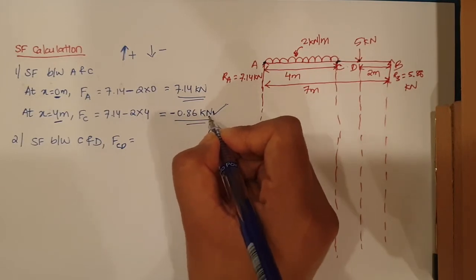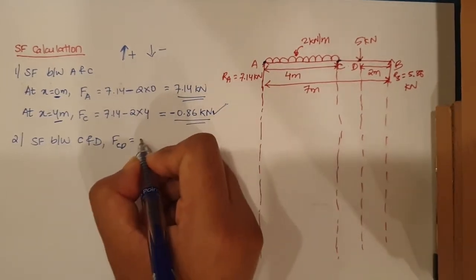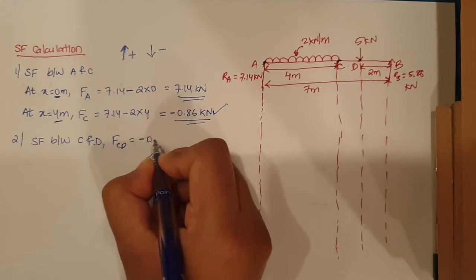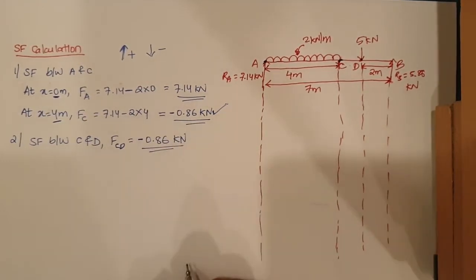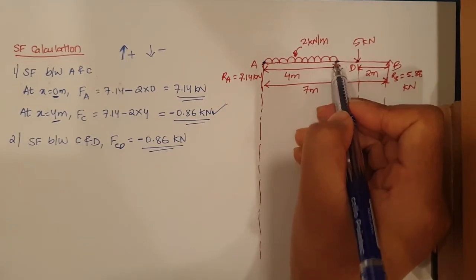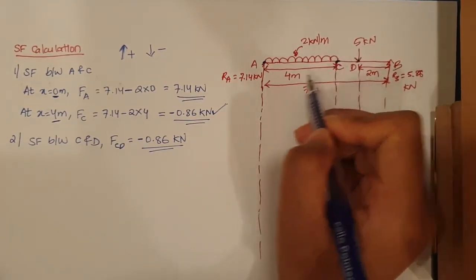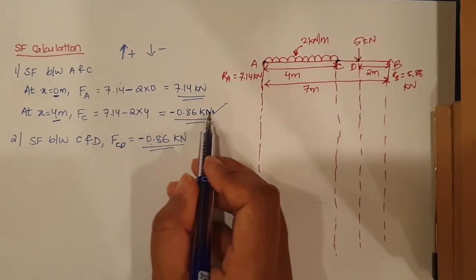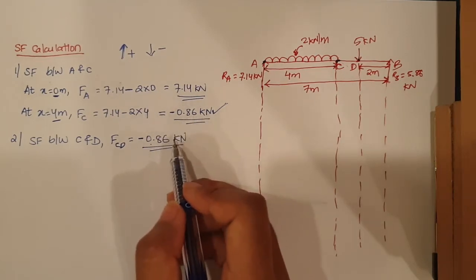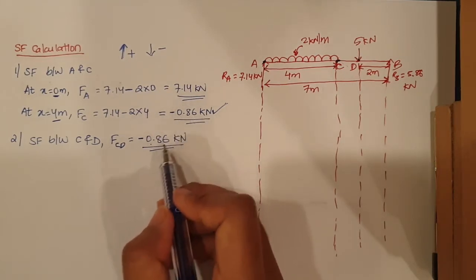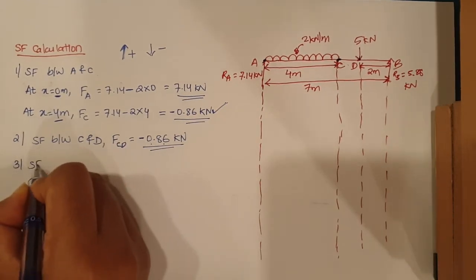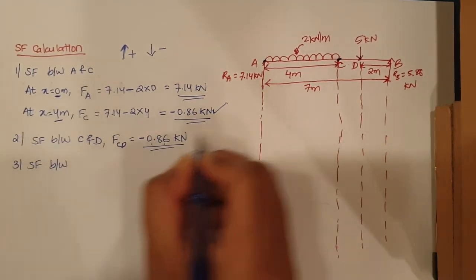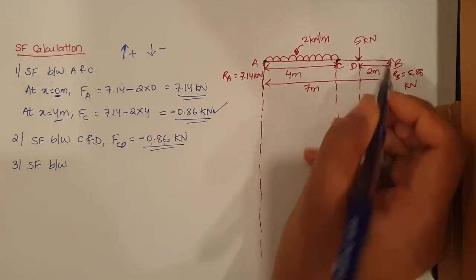We need to keep on adding, so the last force we got was minus 0.86 kilonewton. So it will remain same, since there is no force acting between C and D, so this will remain the same, and we need to carry the shear force forward by adding all the forces, so it will remain same.